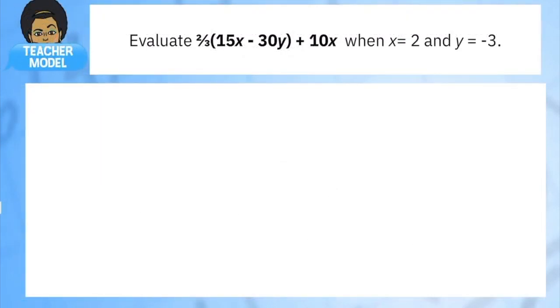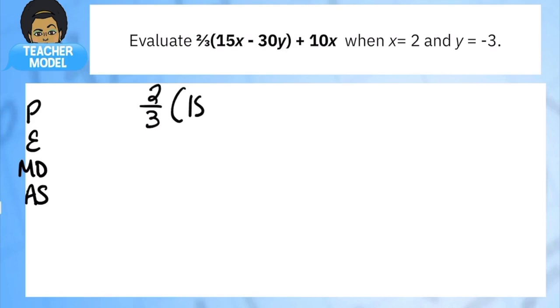Right, let's get ready to evaluate. I know I'm going to use my order of operations, so I'm going to write this down to help us out. And let's rewrite this problem. And every place I see an X, I'm going to substitute and put a 2.